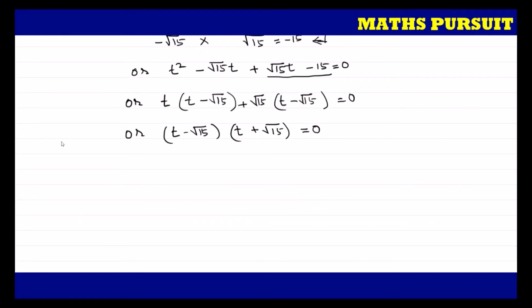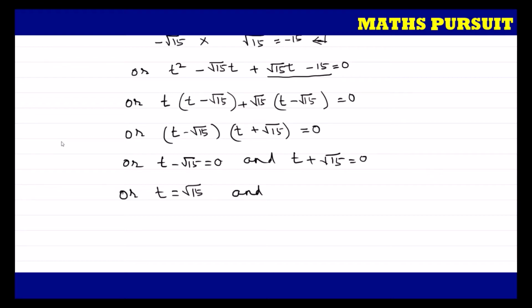So I can write t minus root 15 is equal to 0 and t plus root 15 is equal to 0. Hope you guys are still clear. I can write t is equal to root 15, moving minus root 15 from the left side to the right side.